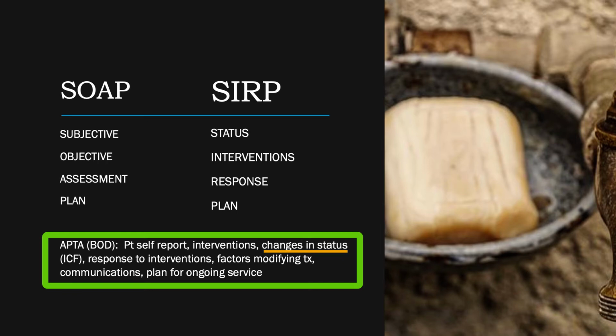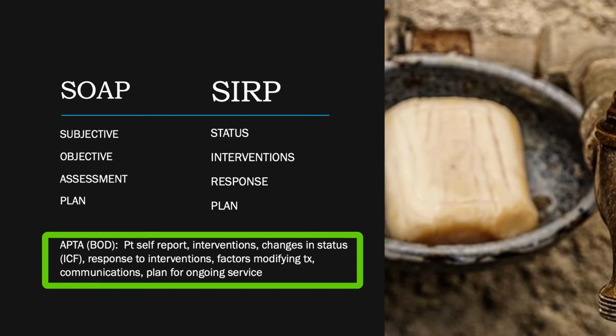We've got changes in impairments, limitations, and restrictions, responses to our interventions, including adverse reactions as well as positive ones, factors that could modify the frequency or intensity of intervention, and the progression towards goals, and also should include adherence to home exercise program and recommendations.